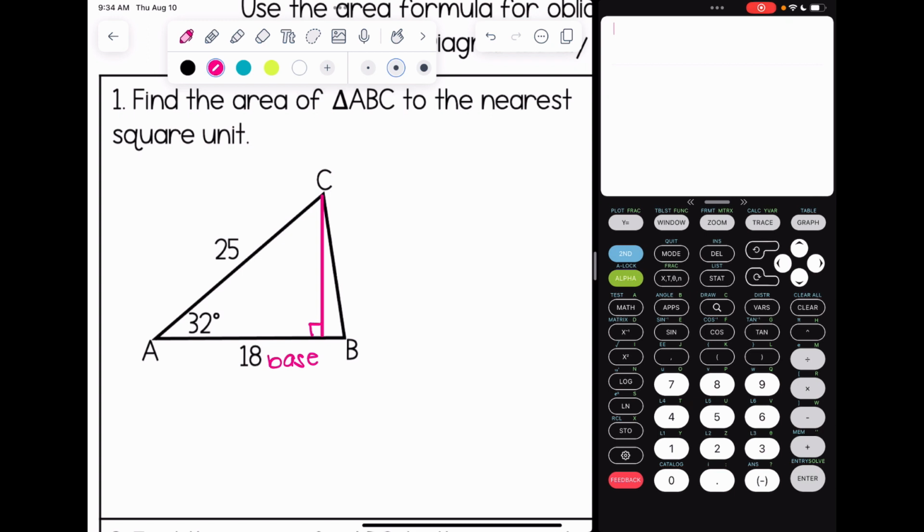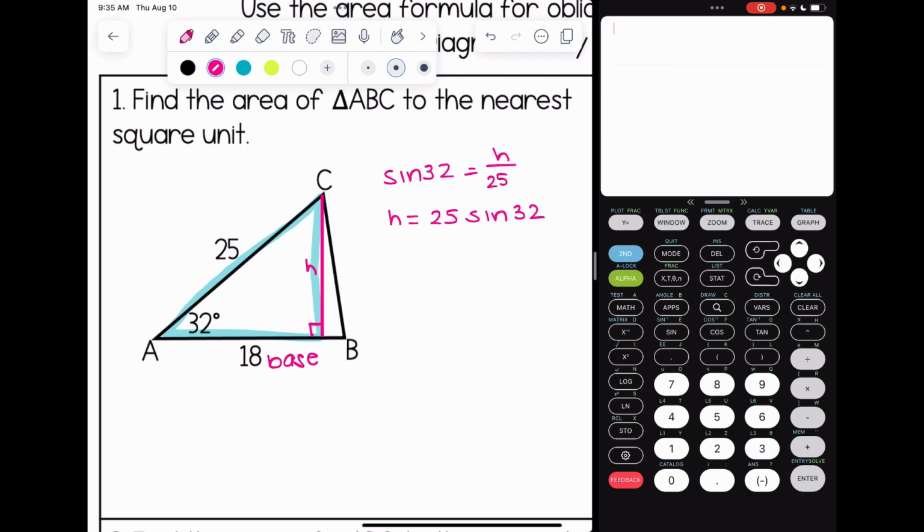Let's put an H on that measurement, using H for height. I could solve for what that is. Looking at the right triangle that I created, the sine of 32, the sine of any acute angle in a right triangle, is equal to the opposite over the hypotenuse. Cross multiplying, I get H equals 25 sine 32.